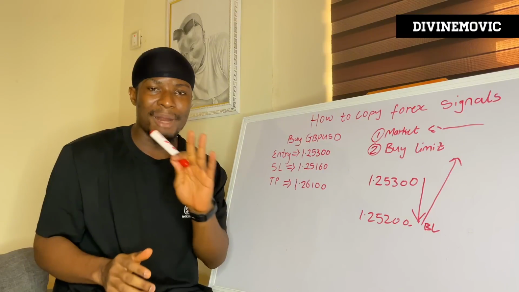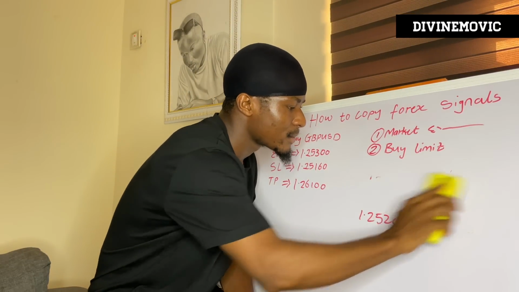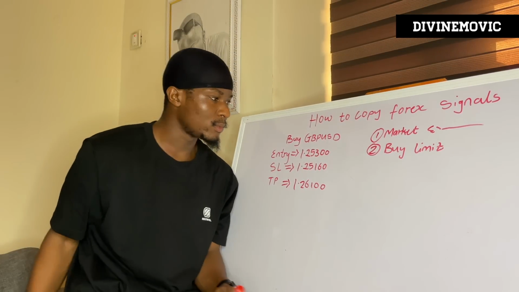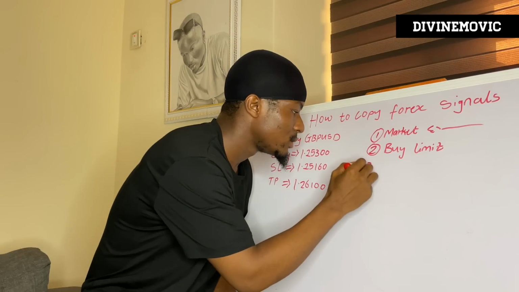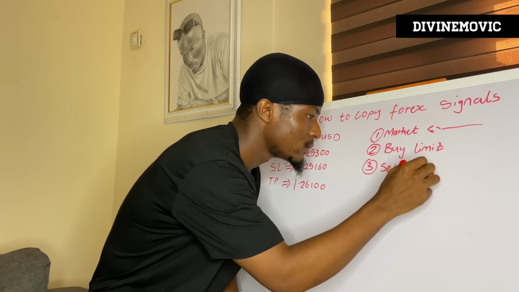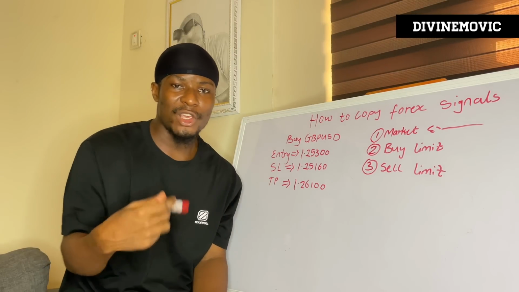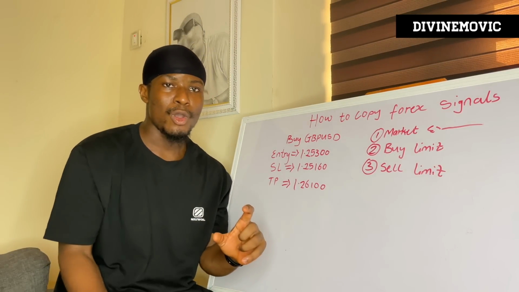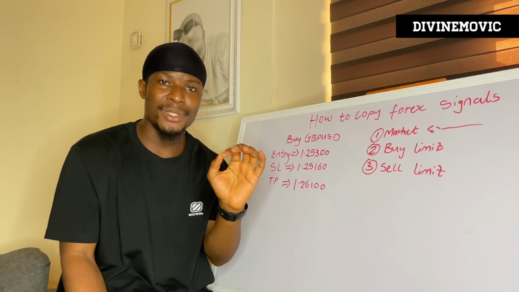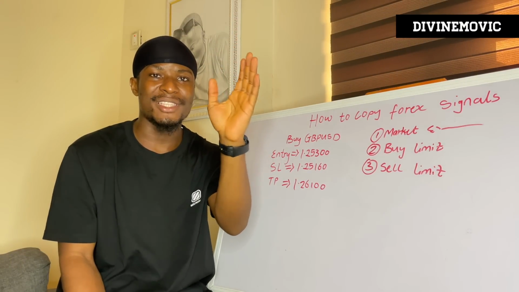Now, the third parameter you need to understand is simply sell limit. I'm going to explain to you what sell limit is as well. Let me write it here. Sell limit. Now, a sell limit is simply an order that you give to the forex market to sell when price goes higher than the current price. That means price has to be above the current price before you can say, I want to go for a sell limit.